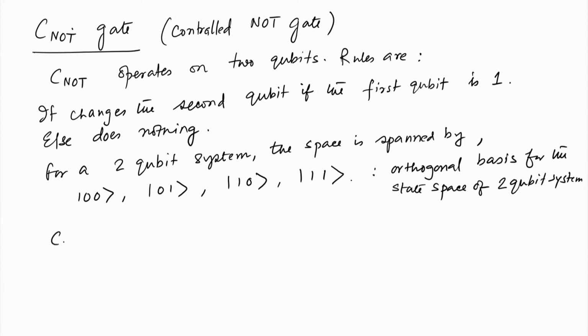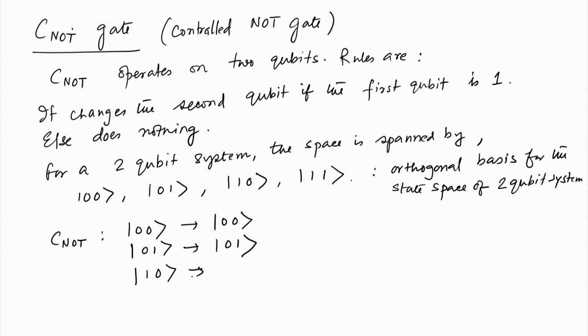So, the C0 on a 00 transforms it as 00. On a 01, it just keeps it unchanged, that is 01. On 10, since the first qubit is 1, it will change the second qubit to 1 as well, and similarly on 11, it does it as 10, because the first qubit is 1, the second qubit is changed to 0.